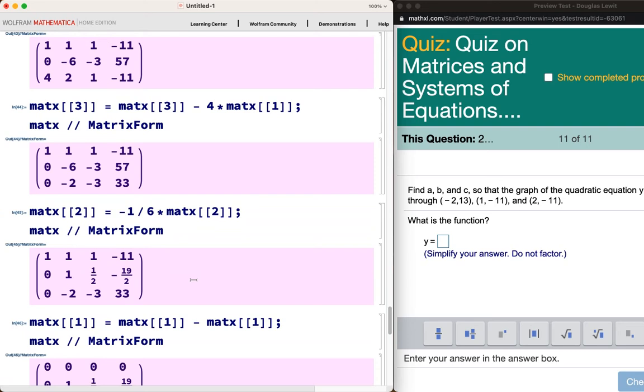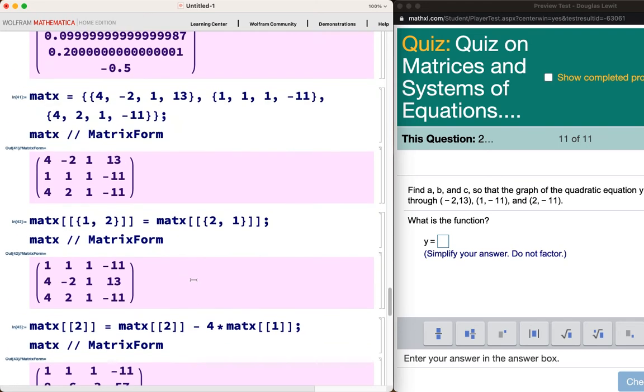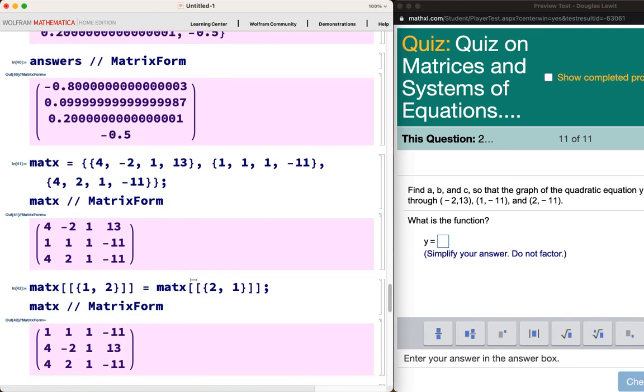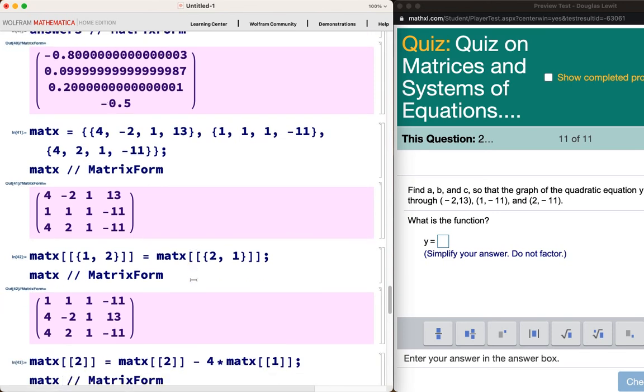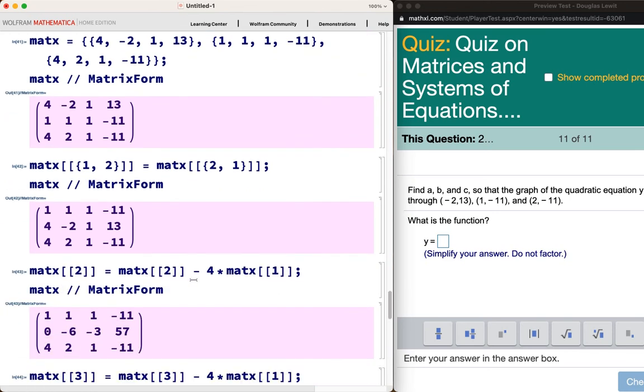What happened? This is not correct. I may have made a mistake. Hold on one second. Let me go back to my setup of this problem because I think I may have made an error. So we have -2 squared, -2, 1, 13.